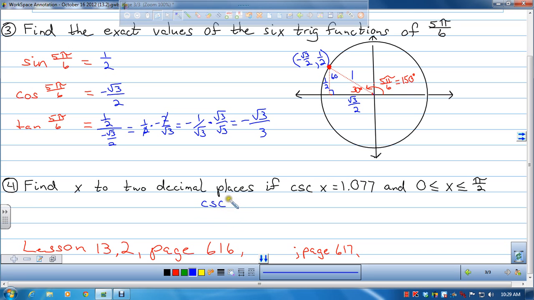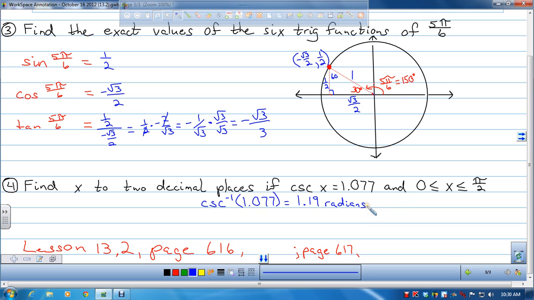I'm going to use the inverse feature on the calculator, 1.077. And that is going to be equal to 1.19 radians. And I need to make sure that is somewhere between 0 and pi over 2 radians, and it should in fact be.